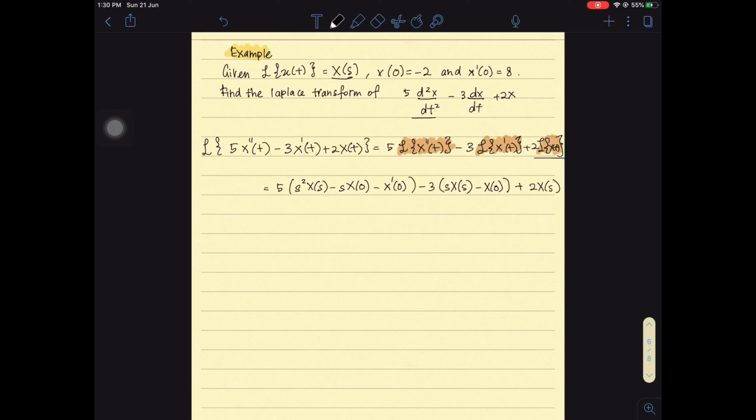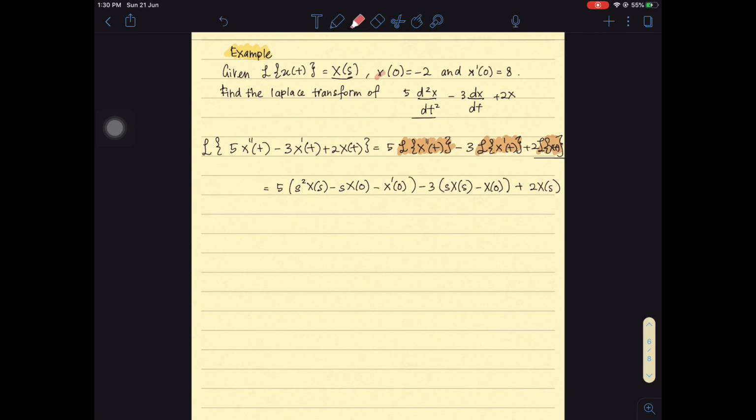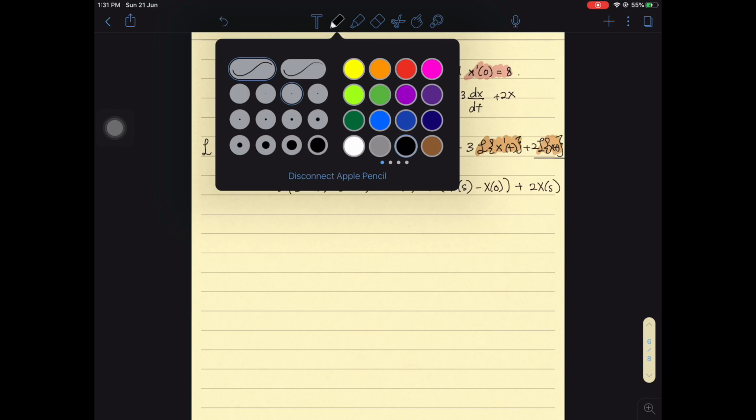Before we continue, let's substitute, because we are given here that the value of x naught is equal to negative 2 and the value of x prime naught is equal to 8. It's easy if we directly substitute so that we can simplify our equation.